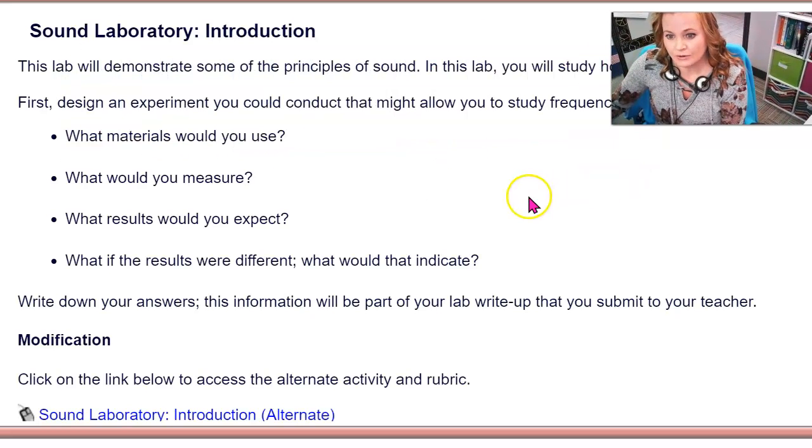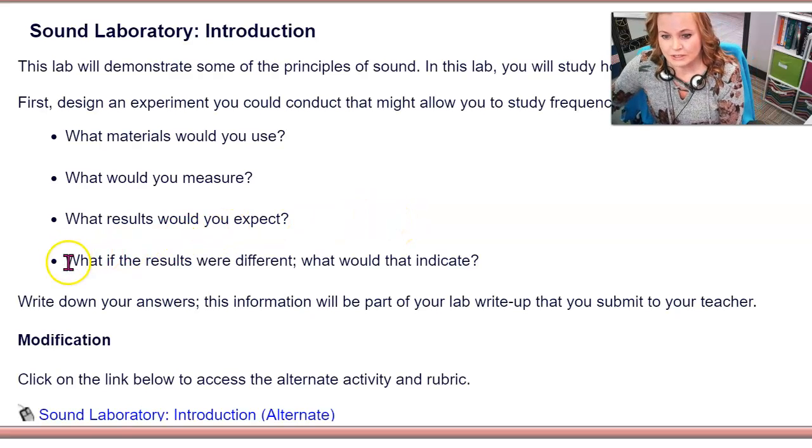In this hypothetical, you're going to talk about what materials you would use, what you would measure, what you would expect the results to be, and what it would indicate if the results you came up with were different than your expectations.